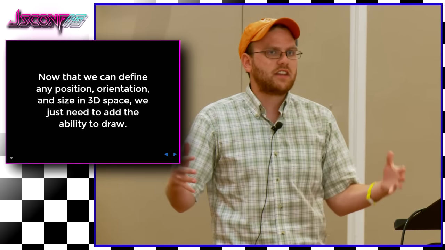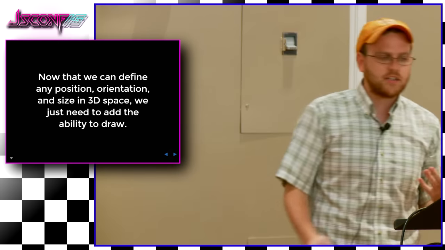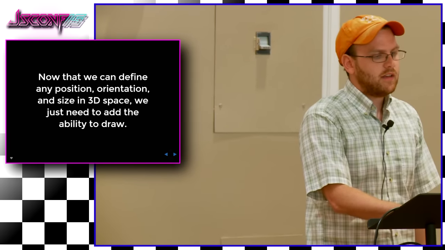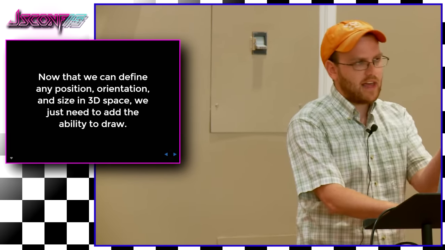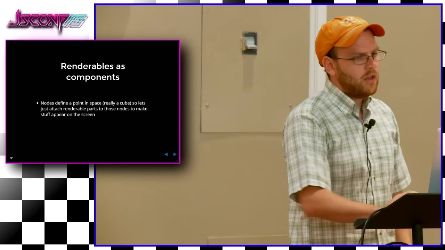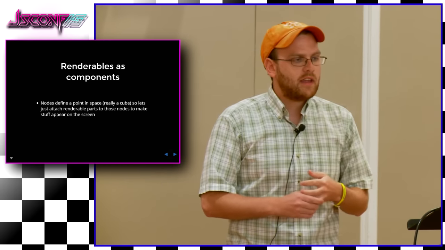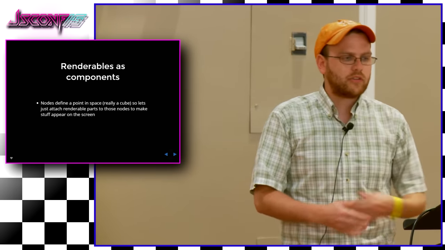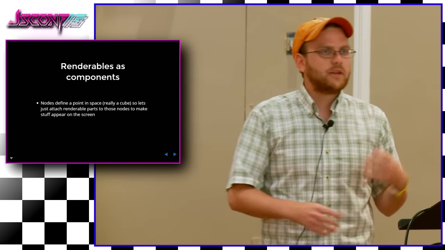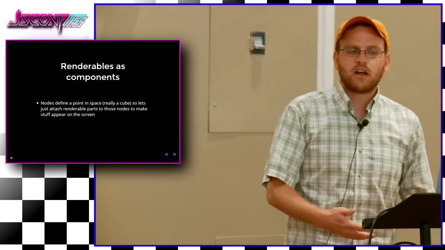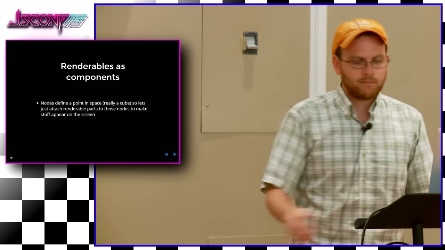You're essentially positioning these cubes in space to make your application. The only thing left to do from that point is to add the ability to draw. The idea is that we have these renderable components that attach onto nodes, and nodes are defined as a point in space, a cube. So if we just give the node the ability to understand how to draw, or send information on how to draw, then we're all set.